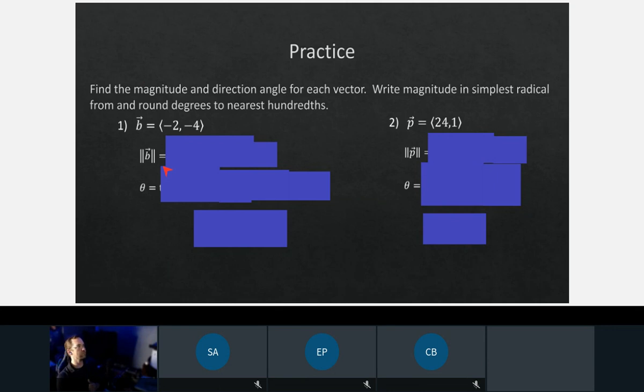Okay, yeah, even though I typed it wrong, I did it the way that you can see on the screen now. All right, so everyone find the magnitude.